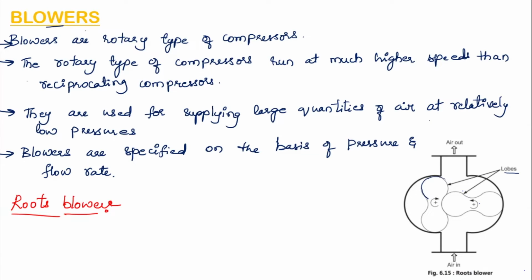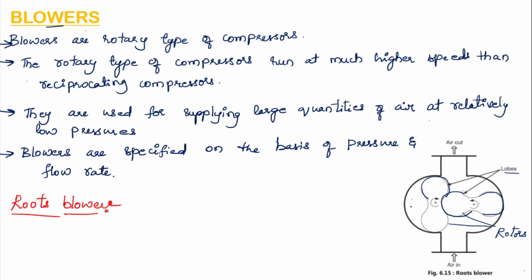This portion is called the lobe. This is one lobe and this is another lobe, and here also there is a lobe. So there are two lobed rotors in an airtight casing.